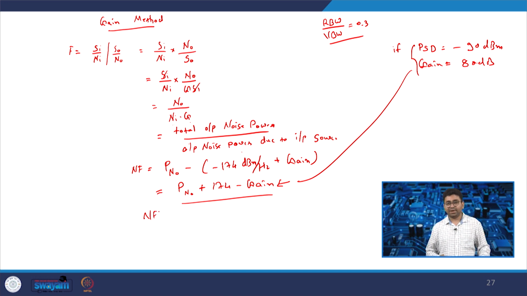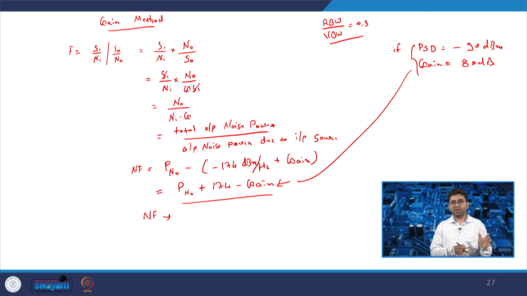Nowadays there are many equipment available, for example from Keysight. Using a network analyzer also you can find the noise figure. All these features are added so that you can easily find the noise figure using the gain method.